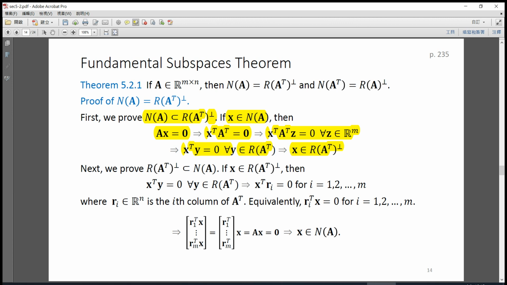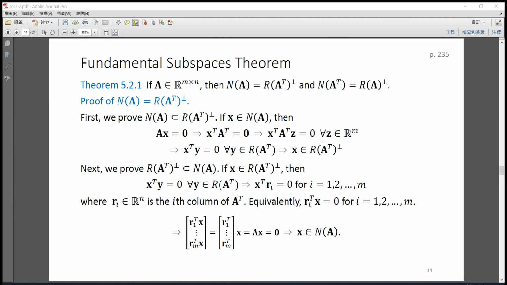Hence, y is in the column space of A transpose. Then, by definition of orthogonal complement, we know x belongs to the orthogonal complement of the column space of A transpose.